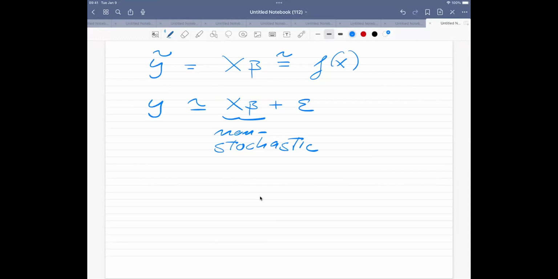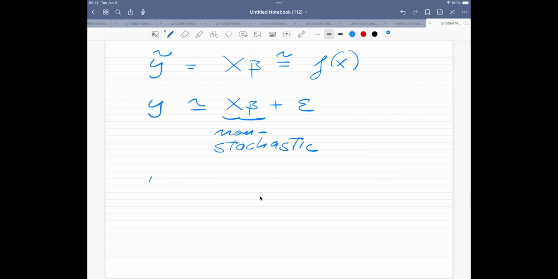You can complicate things, obviously, by saying that X follows a distribution. But now we're going to say that X is a non-stochastic object. And beta, as you've seen, is also given by a deterministic algorithm in terms of defined quantities. So the only stochastic part is actually this epsilon.